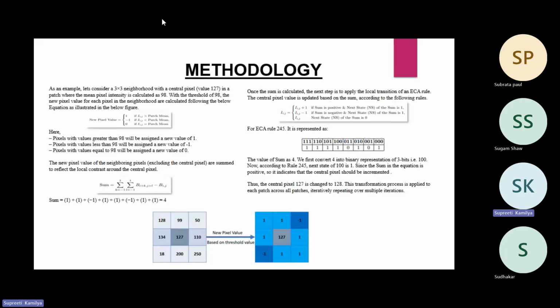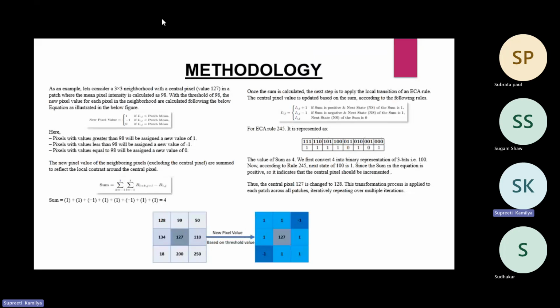Now comparing the pixel value, 128, the left side one, with 98, it is greater than 98, so we assign 1 to it. If it is less, we assign -1 to it. And if it is equal, we assign 0 to it. We make changes on all the pixels other than the central one. Then we calculate the sum. After calculating the sum, we represent this particular value 4 as a 3-bit representation.